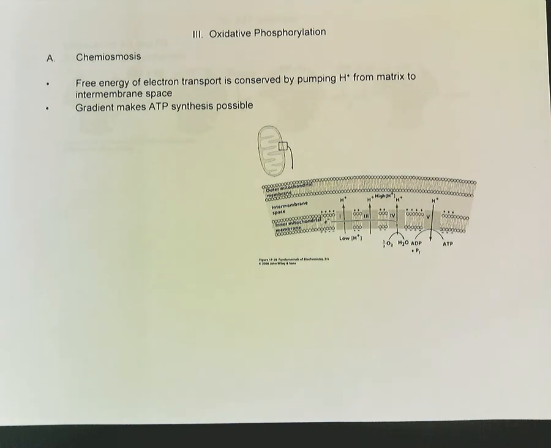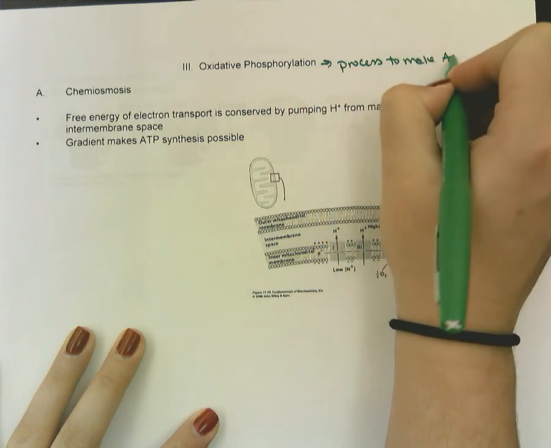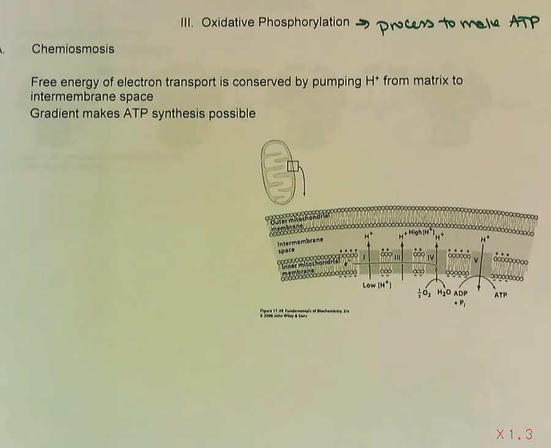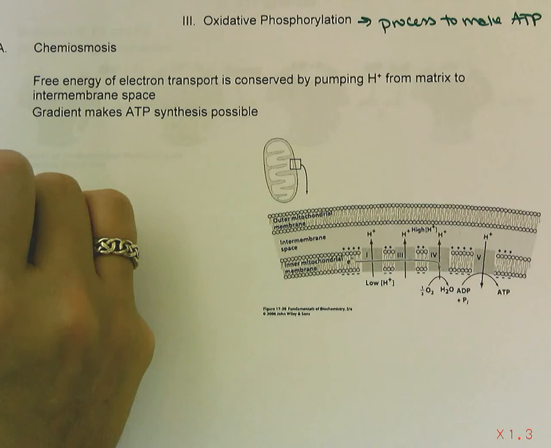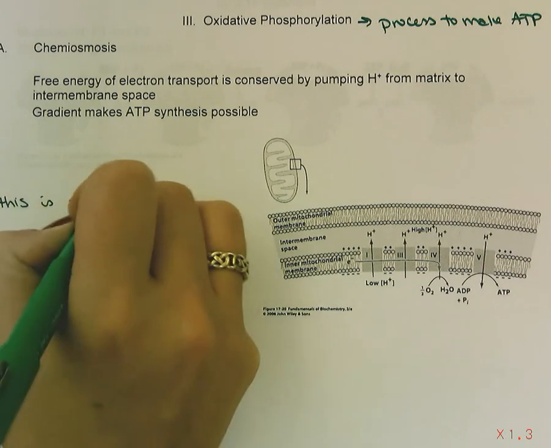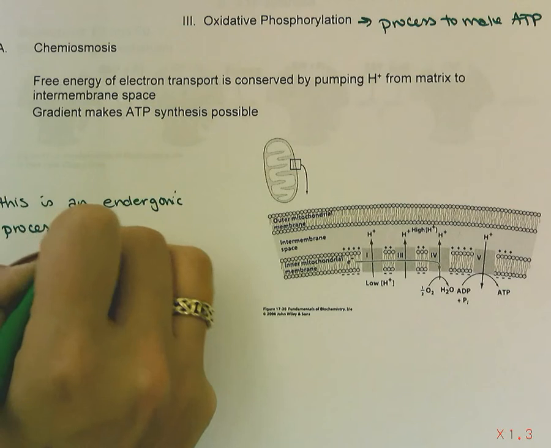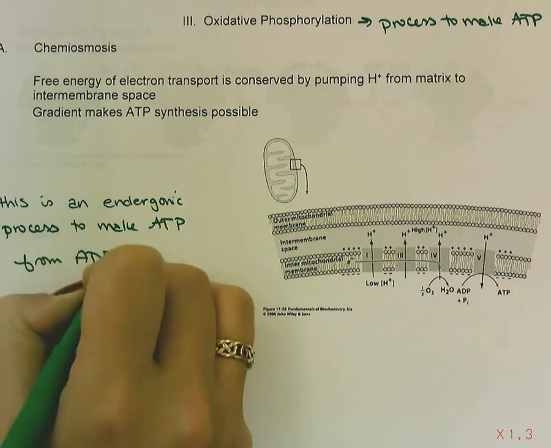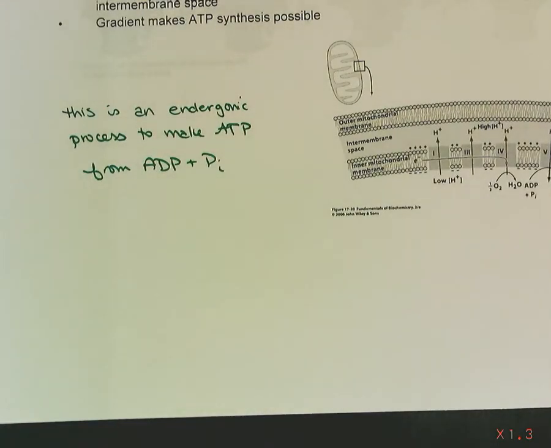So, oxidative phosphorylation. All right, so we're going to go through an endergonic process to make an ATP from an ADP and a Pi.